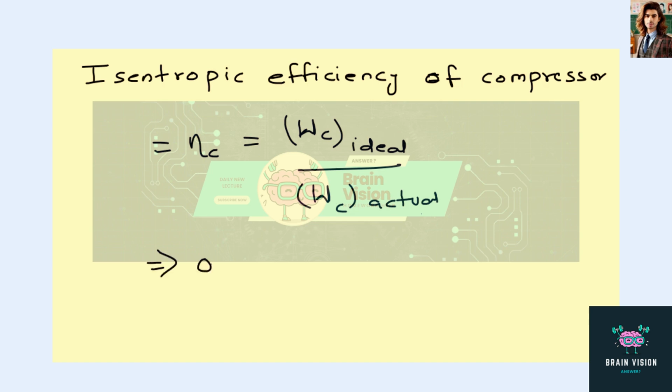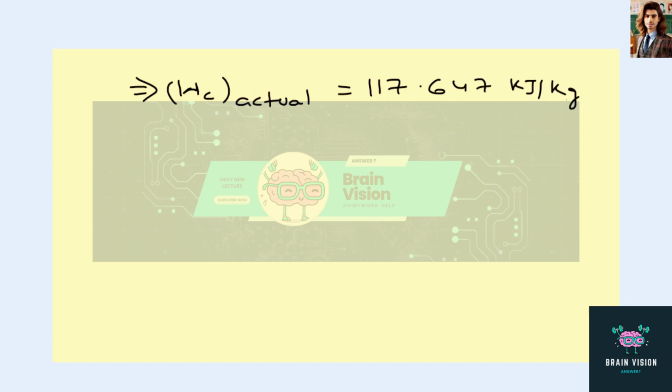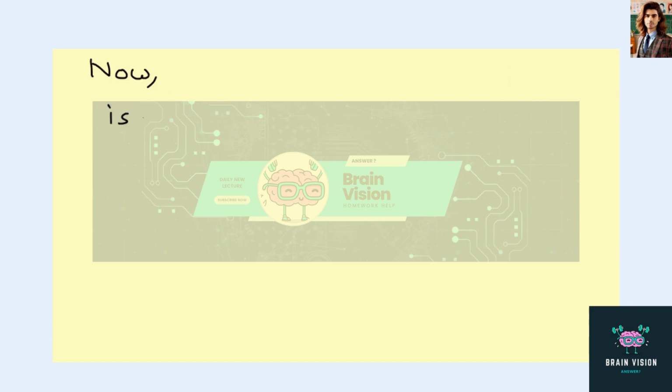This is the formula for isentropic efficiency. So I am just putting all the values that are given. So on solving this, we will get WC actual is coming as 117.647 kilojoule per kg.